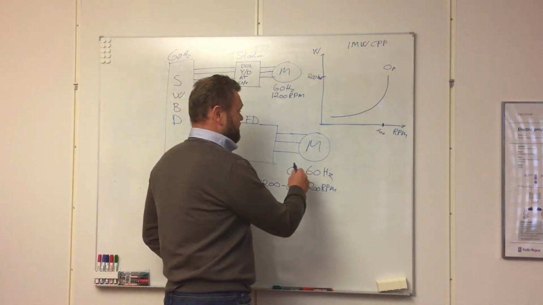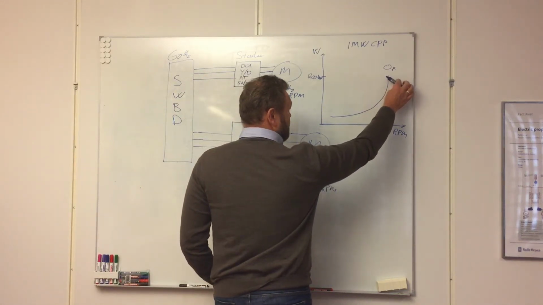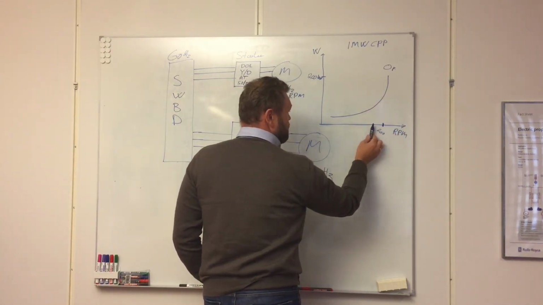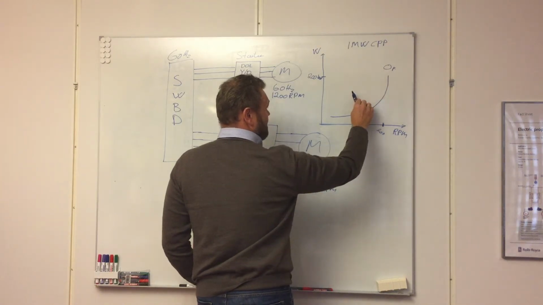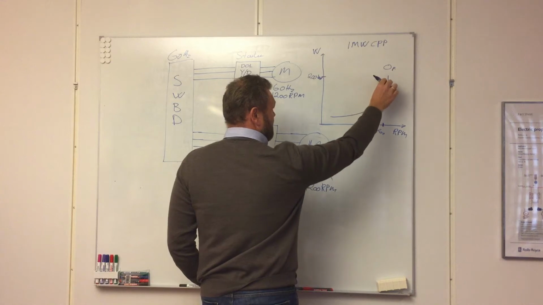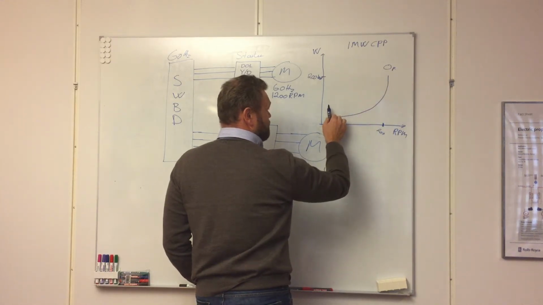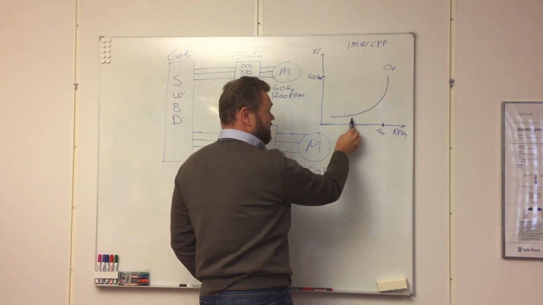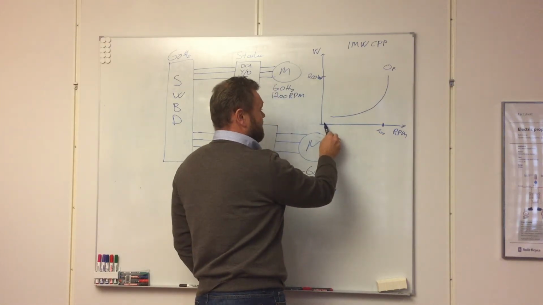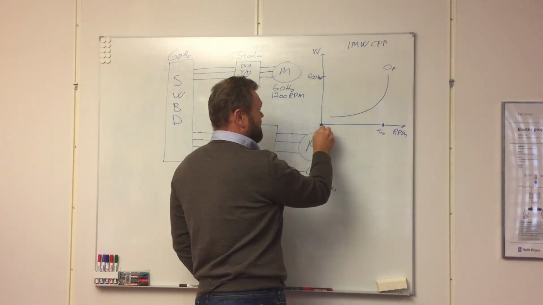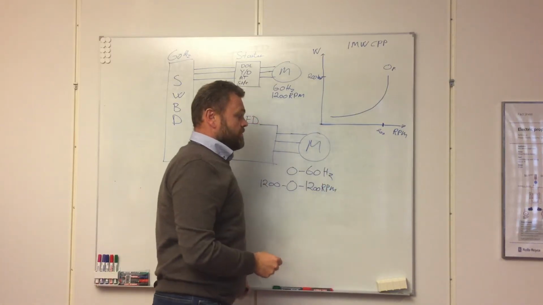So with a frequency drive, you can reduce the RPM, and when you reduce the RPM, the kilowatt you need to drive the propeller is dramatically reduced just by taking it down to the half, or even you can take it all the way down to 0 RPM.